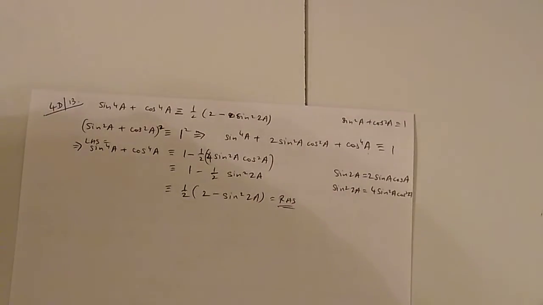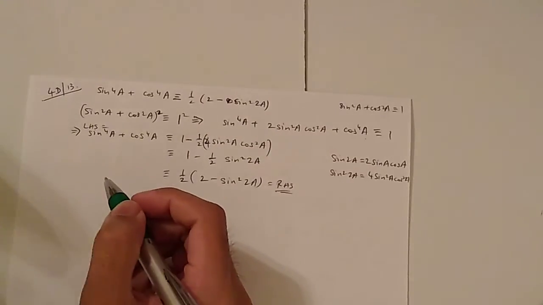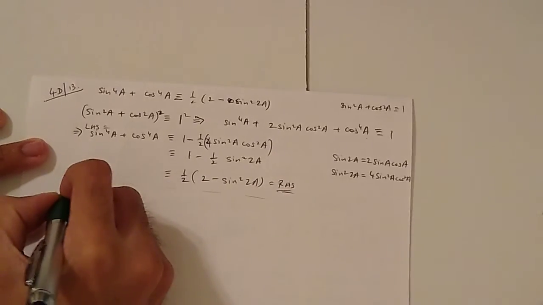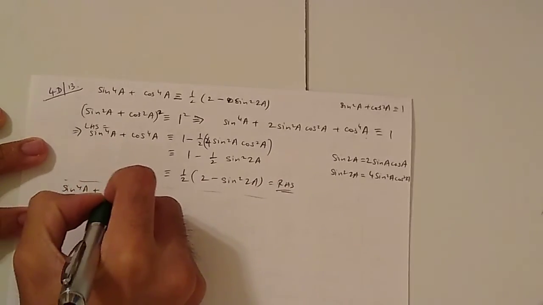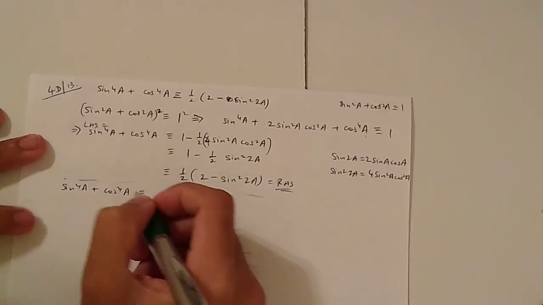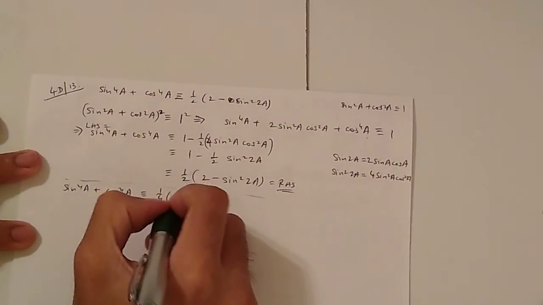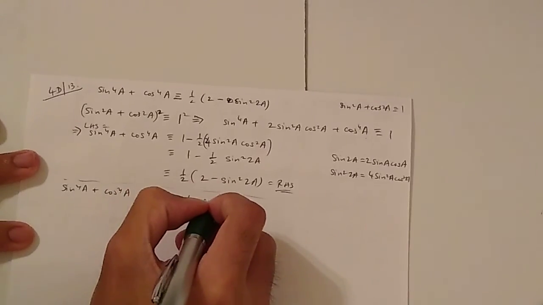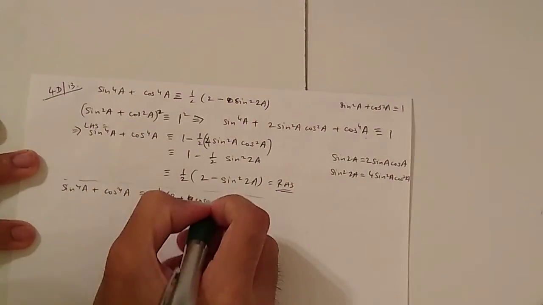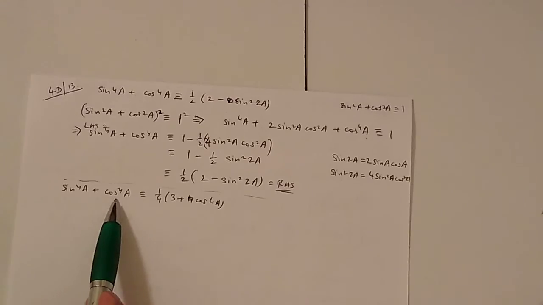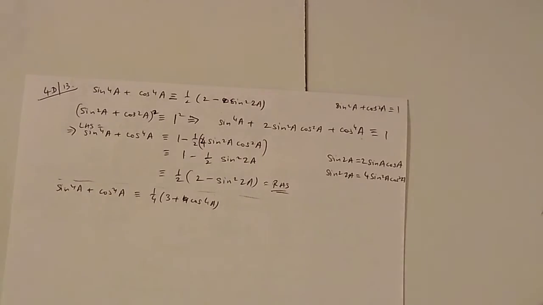Now in part B, they're asking us to deduce that sine raised to 4a plus cos raised to 4a is equivalent to 1 by 4 into 3 plus cos 4a.